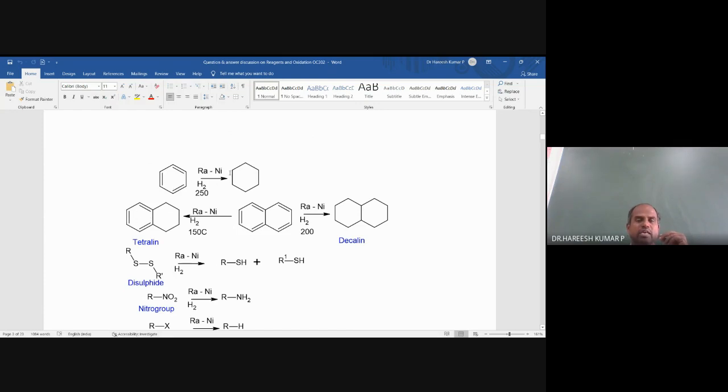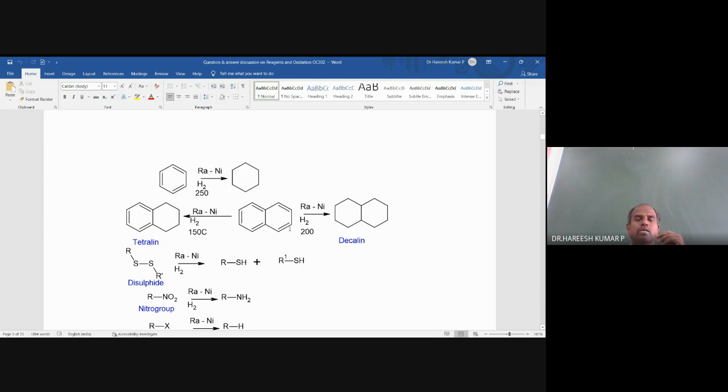So benzene is converted into cyclohexane when hydrogenated in presence of Raney nickel at 250. So 250 is the pressure of hydrogen during the reaction. And I think you are aware that this is naphthalene. Naphthalene at a low temperature, 150 degrees, can be converted into tetralin. Tetralin means reduction of two double bonds.